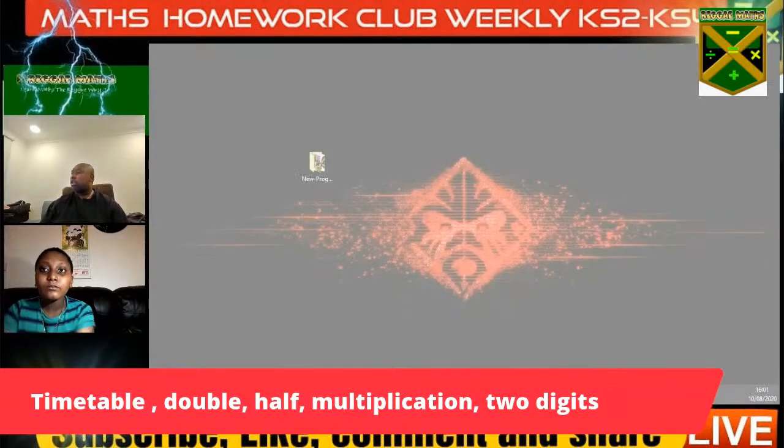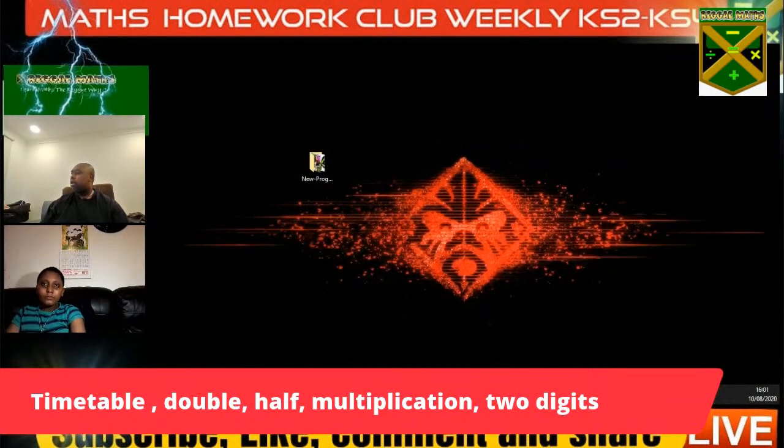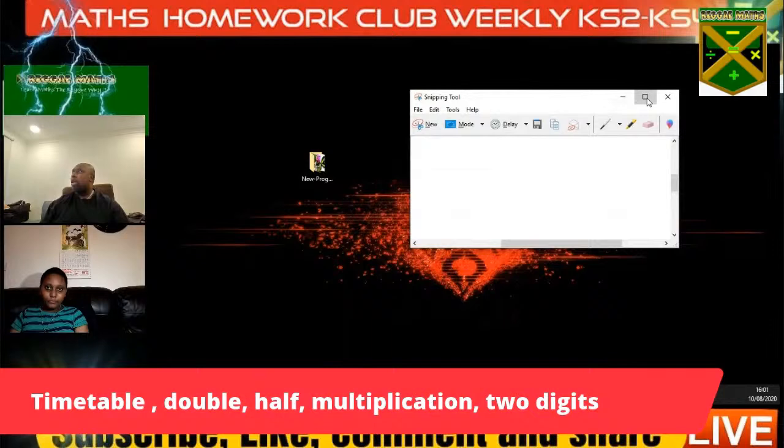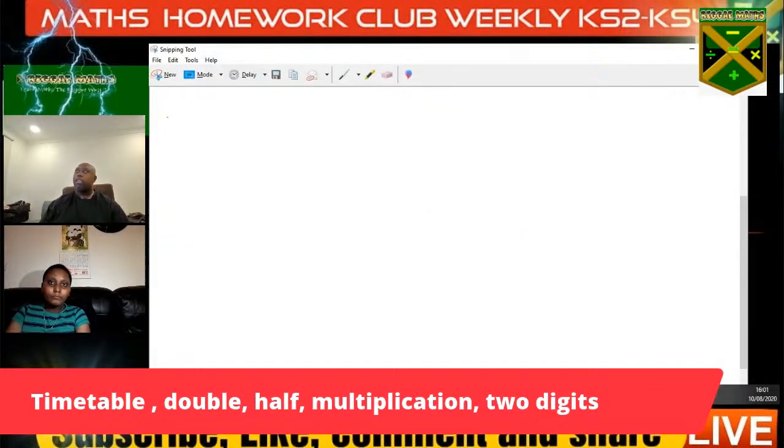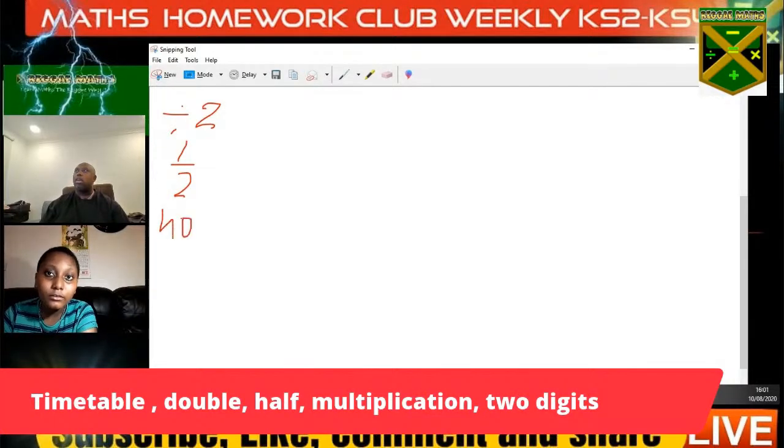I'm going to change my strategy now. Instead of multiplying by 2, I'm going to see if you master the skill. Dividing by 2 is the same as half, a fraction, and it's the same as this word here, half.